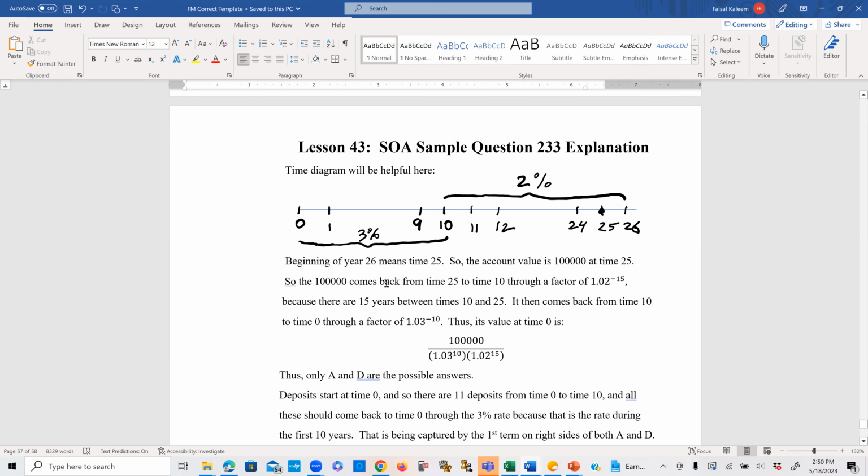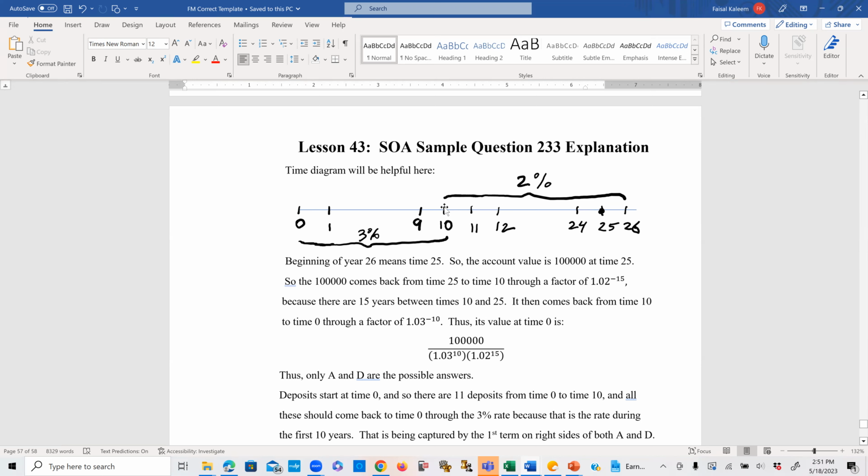The 100,000 comes back from time 25 to time 10 through a factor of 1.02 to the power negative 15, and that's because between 25 and 10, there are 15 years. So 25 minus 10 is 15. And therefore, we multiply the 100,000 with 1.02 to the power negative 15 to bring its value from 25 to 10.